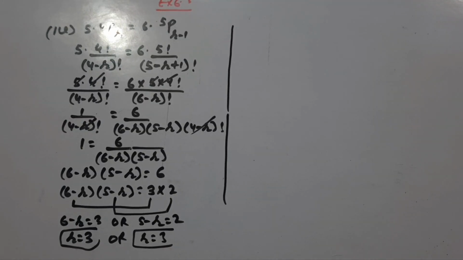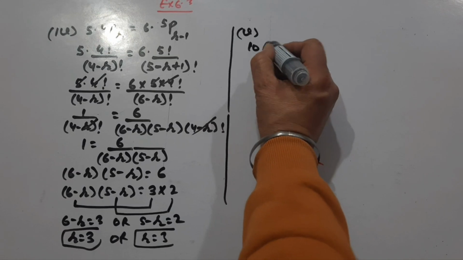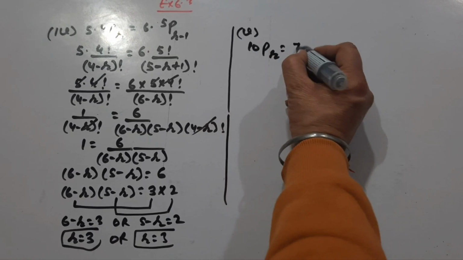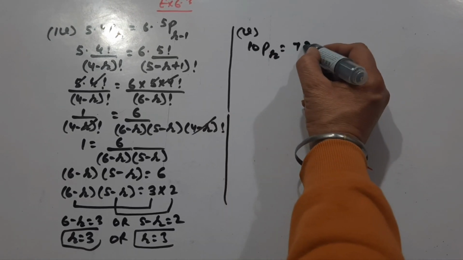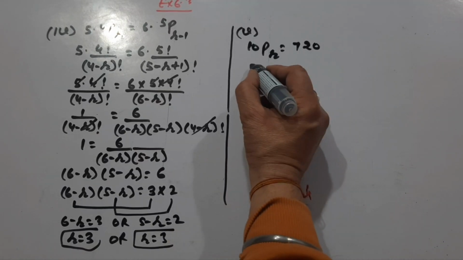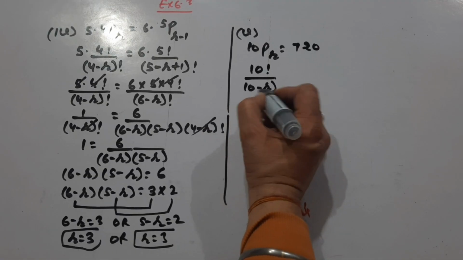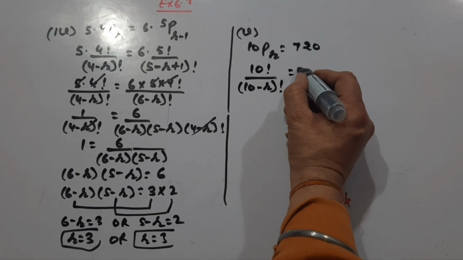Now the fifth part. Fifth part is 10Pr equal to 720. Now let us solve this. 10Pr equal to 720. So we write 10 factorial upon (10 minus r) factorial equal to 720.